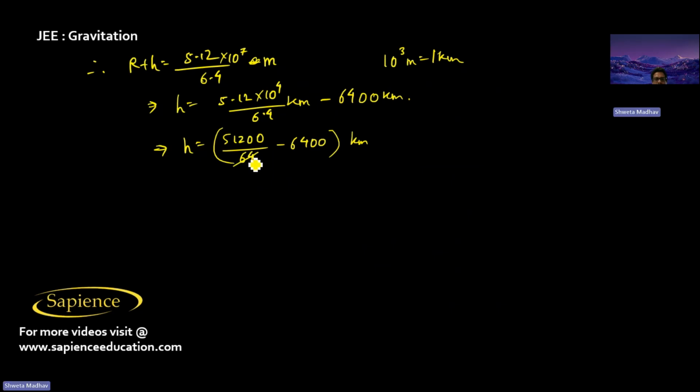8 fours are 32. 64 into 8 is how much? 64 8s are 512, so 800 is here.